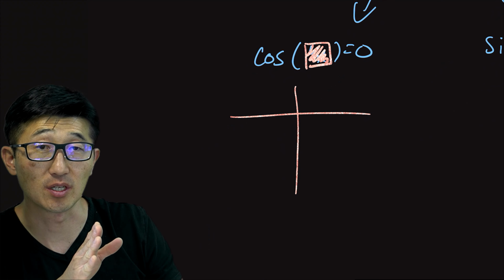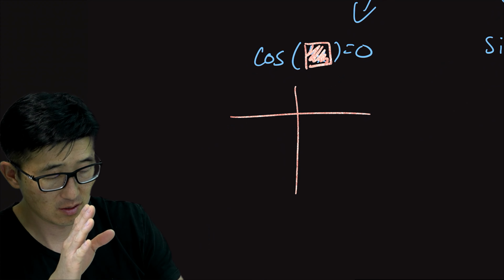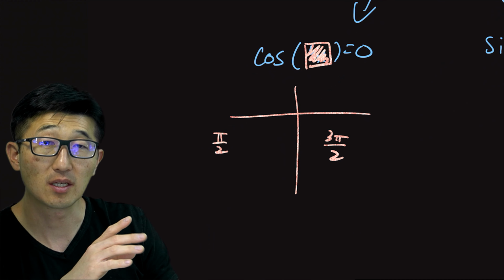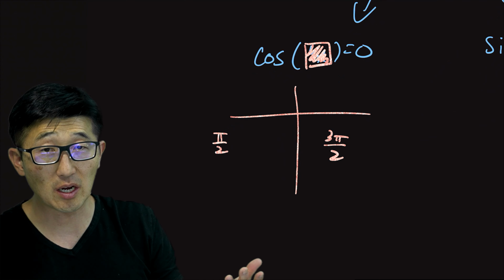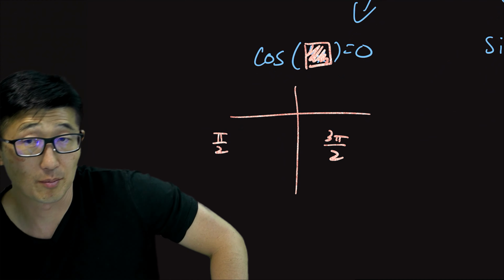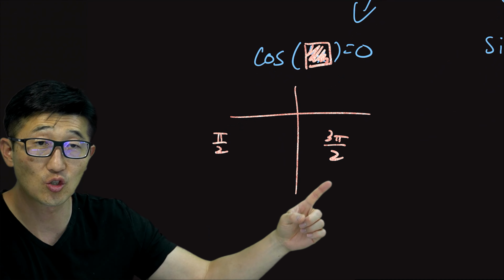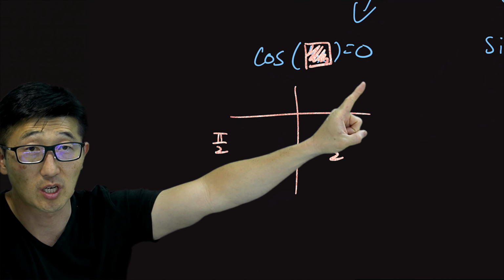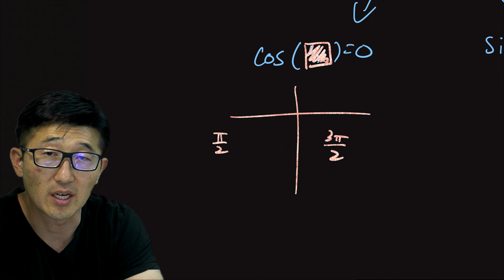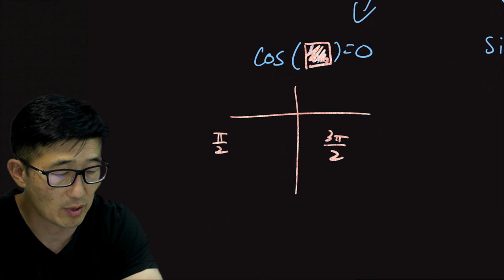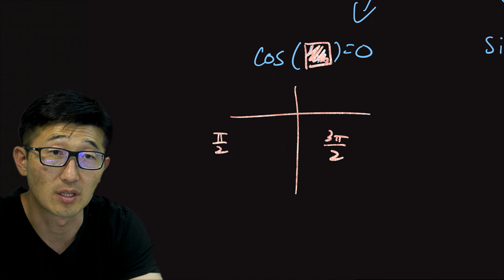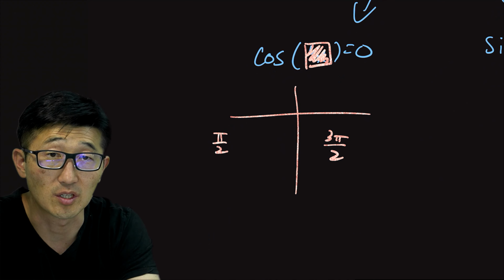Cosine is an x coordinate. Oh, yes, pi over 2 and 3 pi over 2. They're not quadrants because pi over 2 is on the y-axis, right? So I made my little t-chart because there's two situations where cosine will become 0. And you realize pi over 2 and 3 pi over 2 are pi spaces away from each other, right?